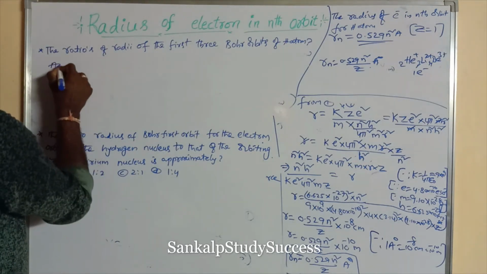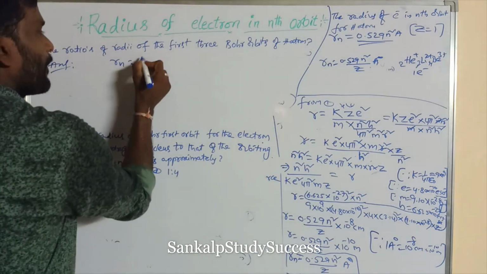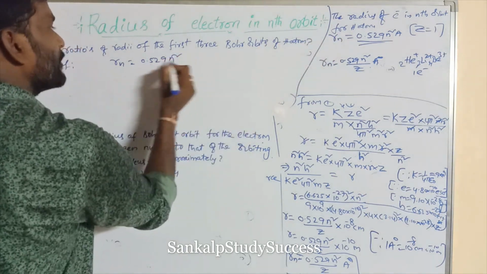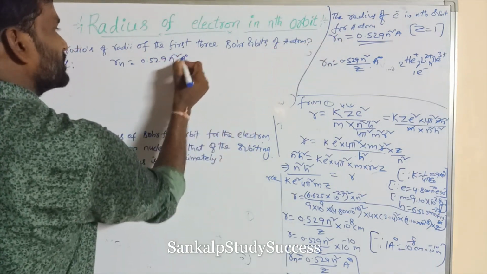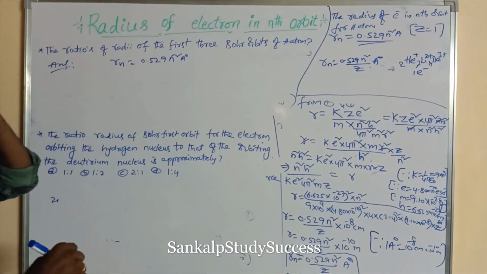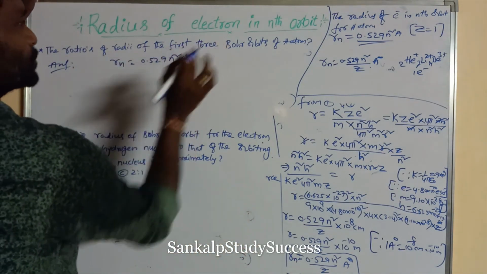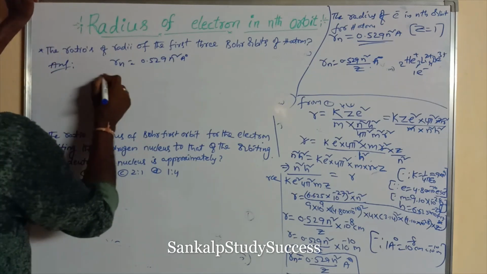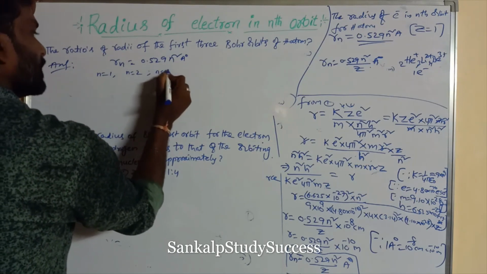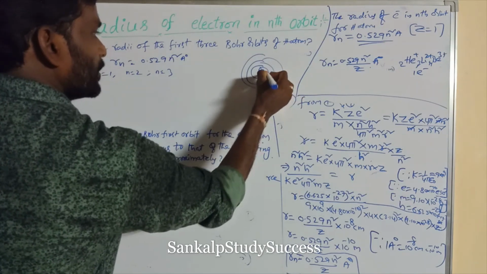So we know that Rn is equal to 0.529 n square angstrom. This is the radius of orbit in hydrogen atom. So the ratio of radii of the first three orbits means n is equal to 1, n is equal to 2, n is equal to 3. So this is the nucleus, these are the orbits, 1, 2, 3.